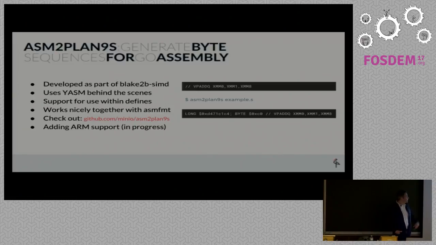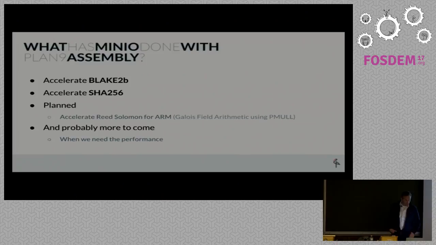So you write your instruction as you would write it regularly in assembly, and then you run the tool on the file, and it will prepend that instruction with the actual opcodes that will go into the byte stream that will be executed. That has worked nicely for us.